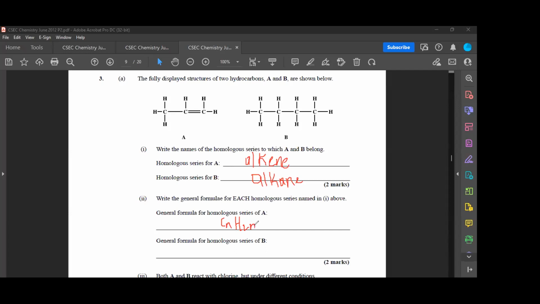CnH2n, not Cn plus H2n. That is incorrect. Before, someone wrote the general formula as CnHn2, would they get it wrong? Yes, that is also incorrect. All right, for B? CnH2n plus 2.